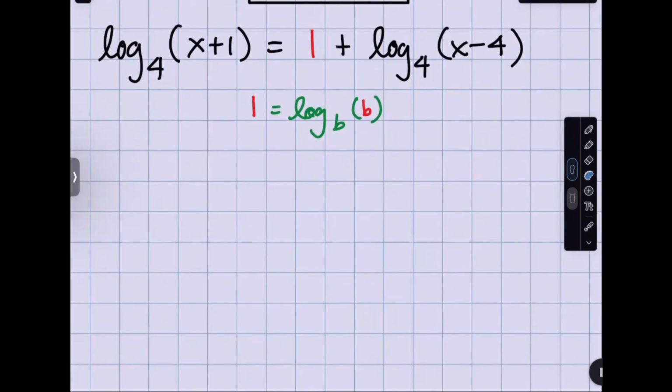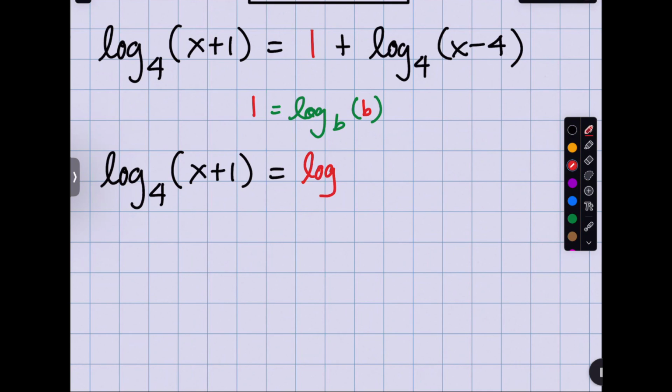What should I replace 1 with? What basis do my logs currently have? Okay. So what should the 1 become? Log base 4 of 4.